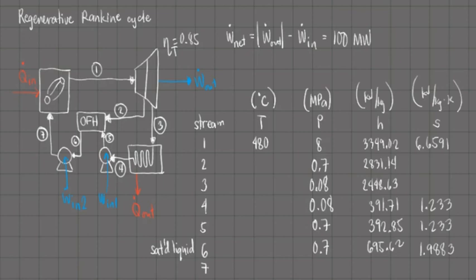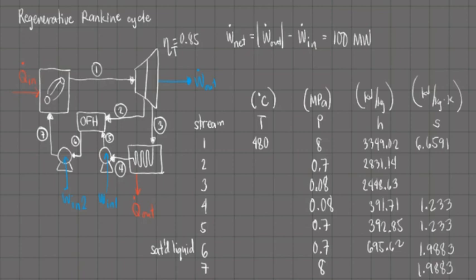Because the second pump is isentropic, this value also applies to stream number 7, which is the output of the second pump. Also for stream number 7, we know its pressure because, upon the assumption that the boiler operates isobarically, the pressure of stream 1, which is 8 megapascals, is equal to the pressure of stream number 7.